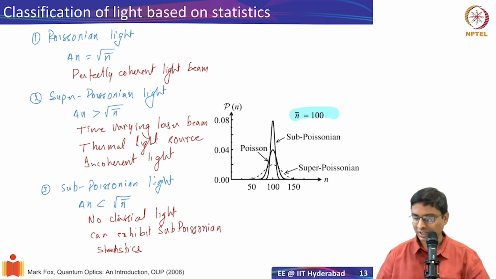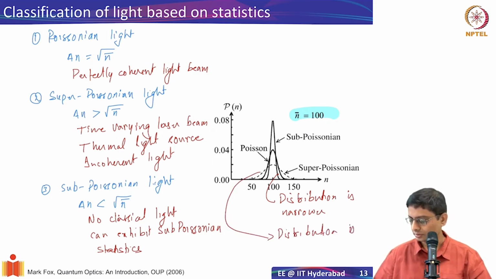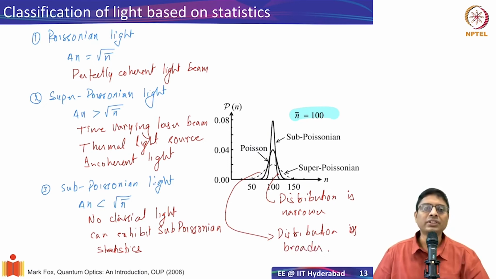So if you have sub-Poissonian light, the distribution is narrower. In this case, the distribution is broader. So that's how you can classify light sources.